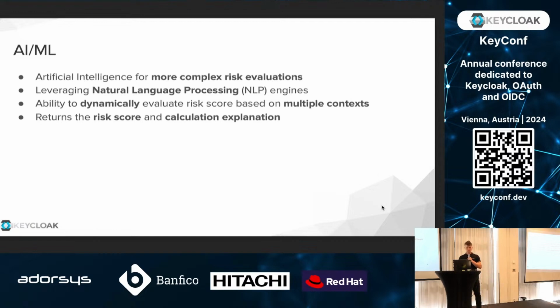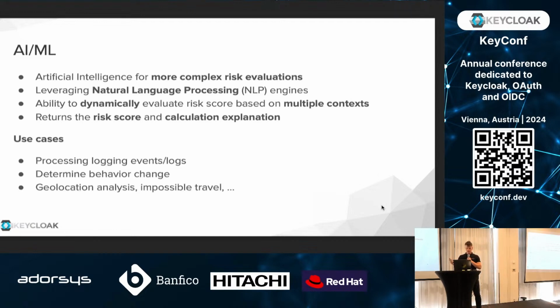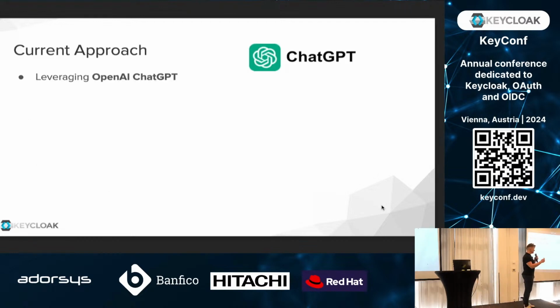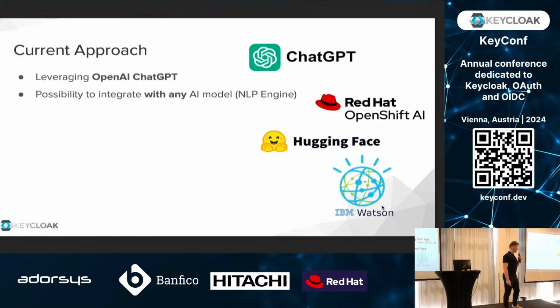was calculated from that. Some use cases: processing login events, logs, determining user behavior change, geolocation analysis, impossible travel, and so much more. The current approach that I've included in the POC is leveraging the well-known OpenAI ChatGPT, but it's possible to integrate with any AI model with an NLP engine deployed on OpenShift AI or something.